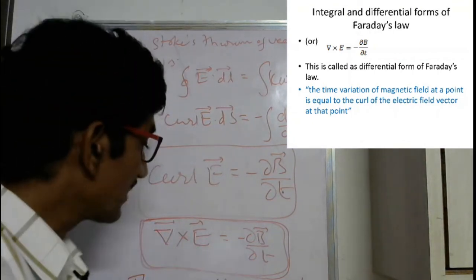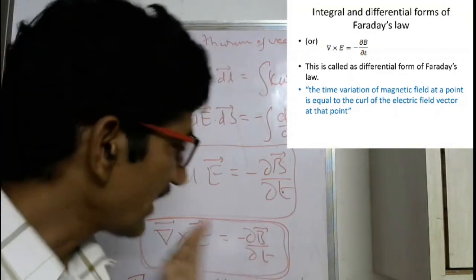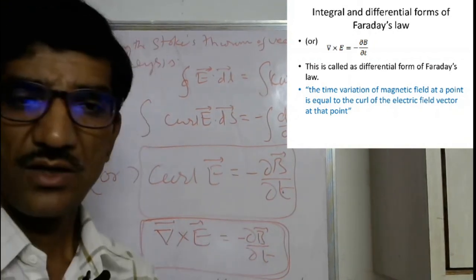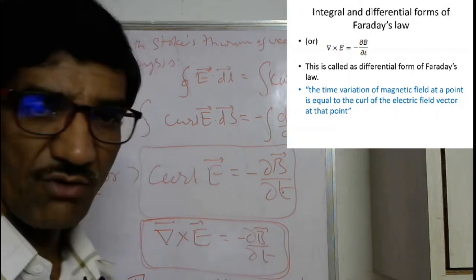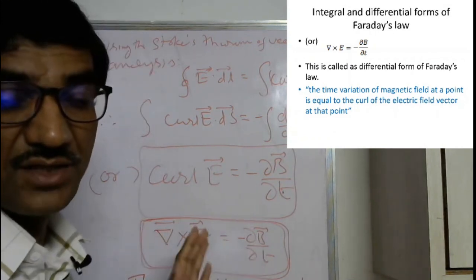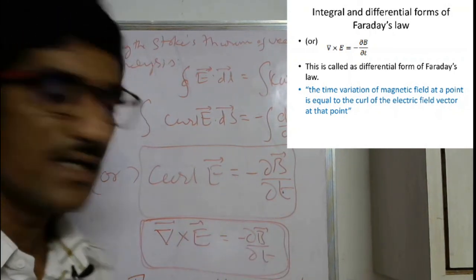In the differential form, the law is in a very compact form. This Faraday's law looks very simple and very beautiful. On one side you have the magnetic field, on the other side you have the electric field. This shows you the equivalence between magnetic field and electric field.